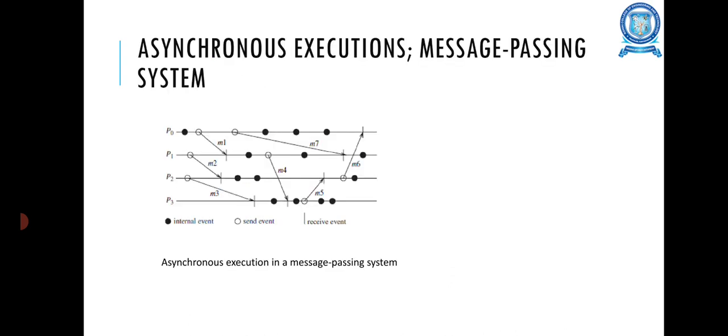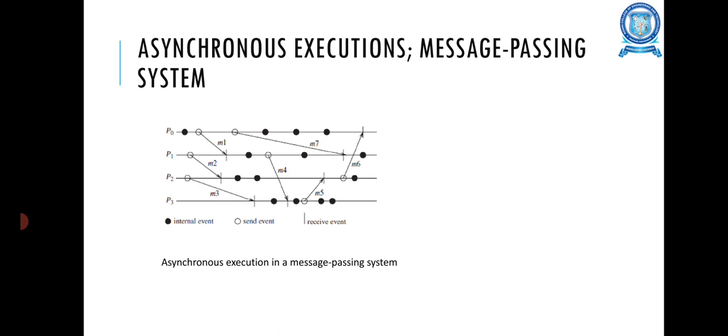The next one is asynchronous execution in a message passing system. This figure shows the asynchronous execution in a message passing system. Here P0, P1, P2, P3 represent the number of processes. The dark circle represents the internal event.